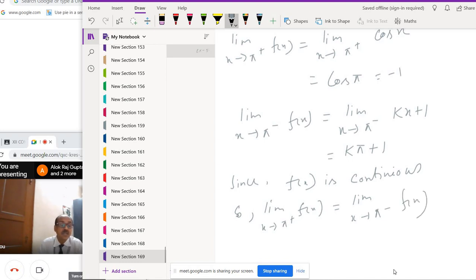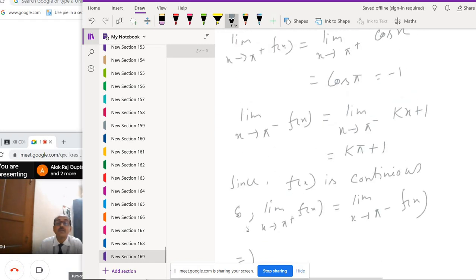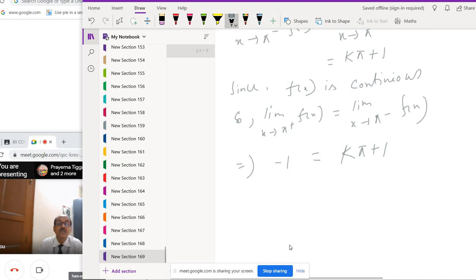The pi plus value is minus 1, equal to the pi minus value, k pi plus 1. Calculate this to find the value of k.